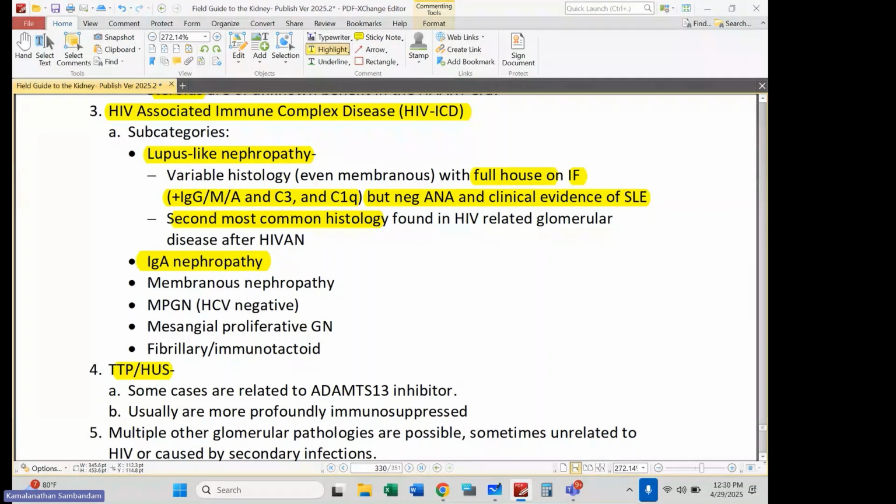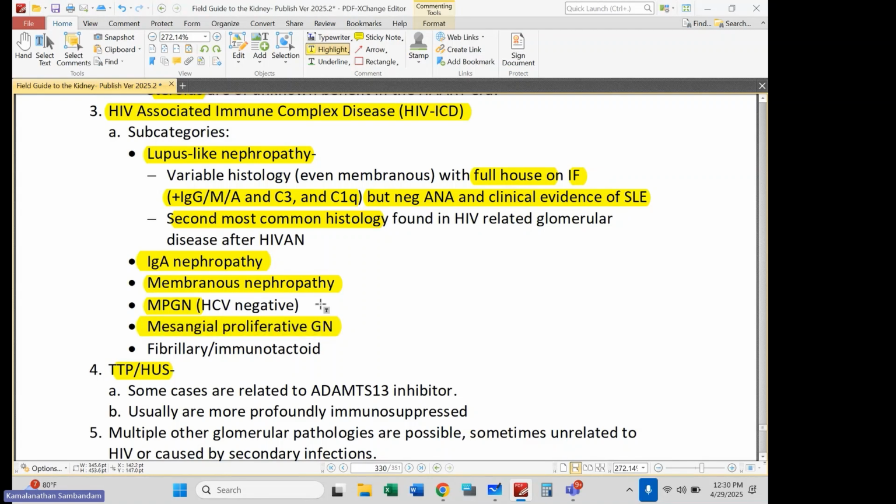They're often having diarrheal illnesses with various parasites, so this may be again a multiple hit disease, not just autoimmunity, but also the impaired mucosal defense that comes with HIV infection. Membranous nephropathy has been described, MPGN, certainly, and sometimes this is in the context of HCV co-infection, which is common in HIV patients, but MPGN with HIV alone has also been well described.